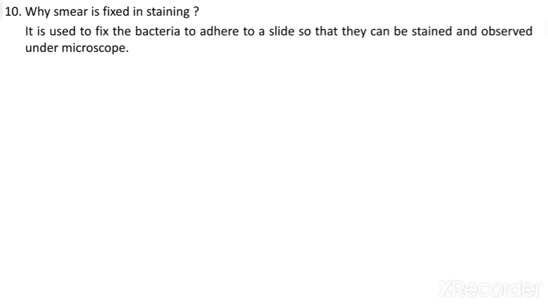The basic logic is that whatever bacterial culture we are observing under the microscope, before that we prepare a smear on the slide. That bacterial culture should adhere to the slide so that we can easily stain it and easily observe it under the microscope.